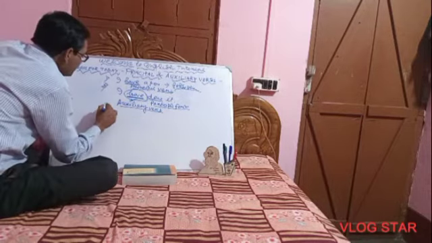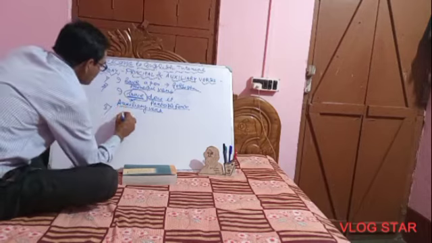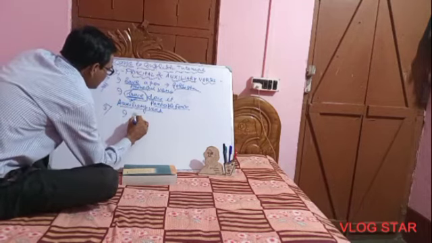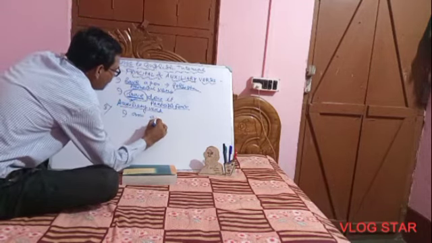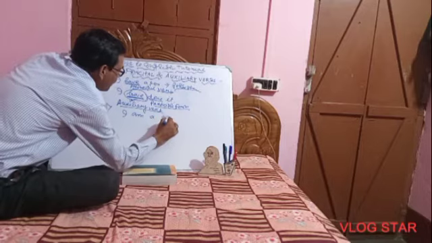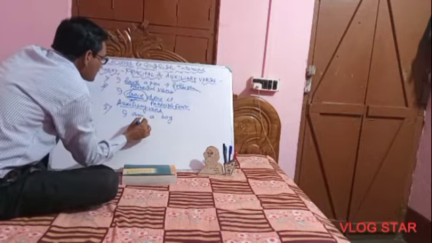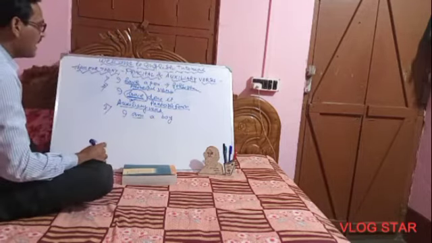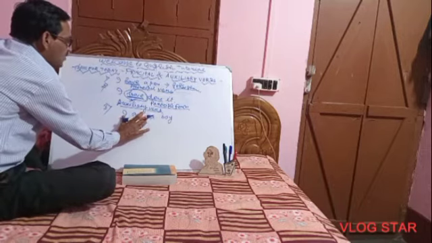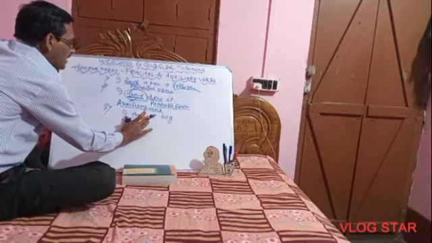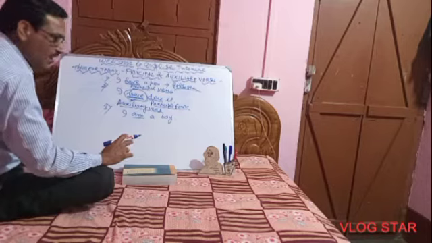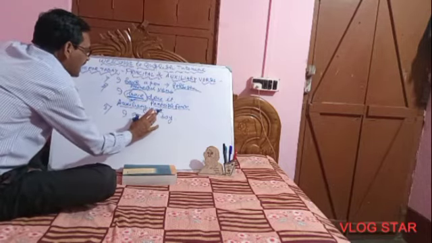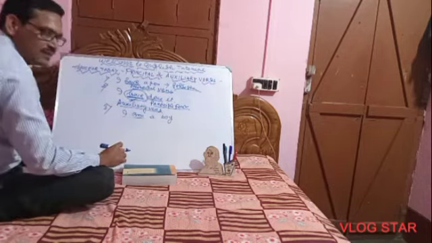Now then, number 3. I am a boy. Simply, 'I am'. It has not been governed by tenses. I am a boy.